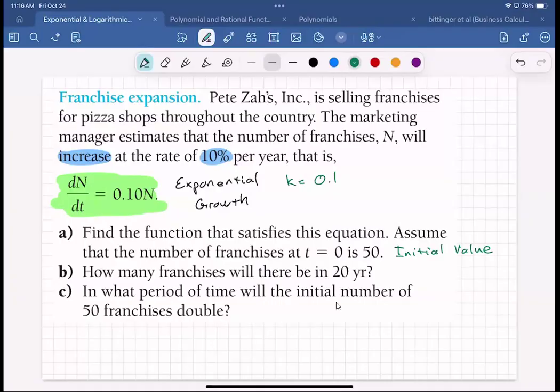Now, as far as this is concerned, we can kind of build our function, right? So for part A, we can say, hey, N of t equals some initial amount, which we should already know because they gave it to us, but we can look at that in a second from another perspective, times e to the 0.1t.